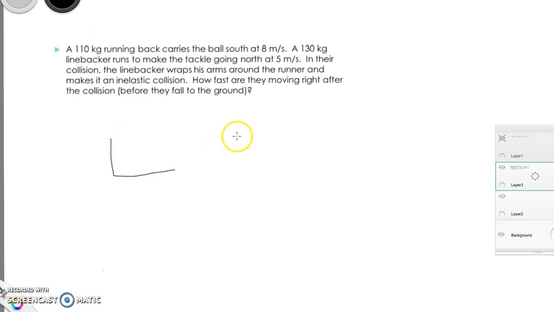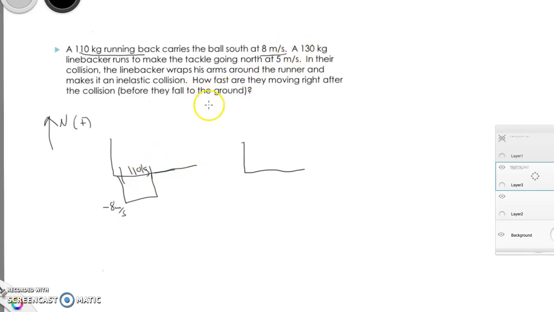In this scenario, you've probably recognized it, we have two football players colliding. A 110 kilogram running back is running south at 8 meters per second. Let's say that north is positive, which means someone with a mass of 110 kilograms running south has a negative velocity and negative momentum.